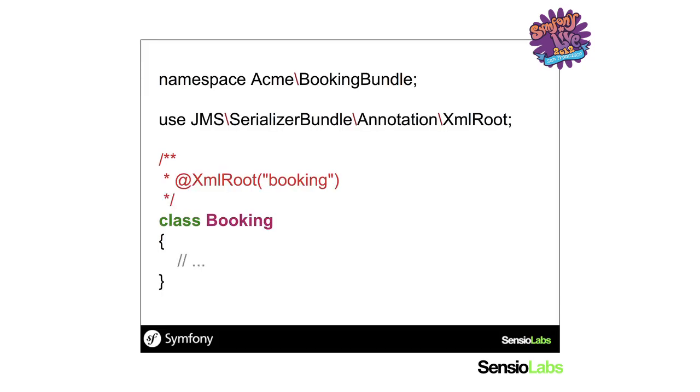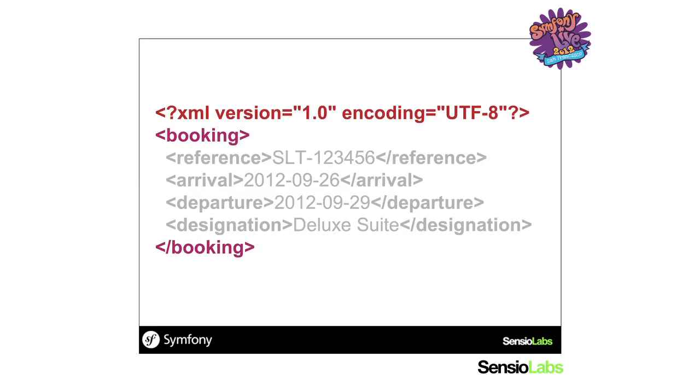So with annotations, you can configure on the class the name of the root node when exporting your object to XML. So instead of having response as the root node, I want to have booking. So when I serialize my object to XML, I will get a booking root node.